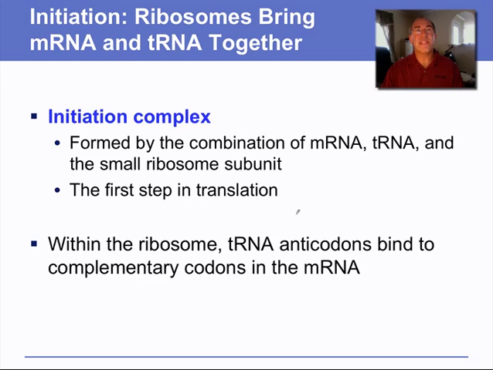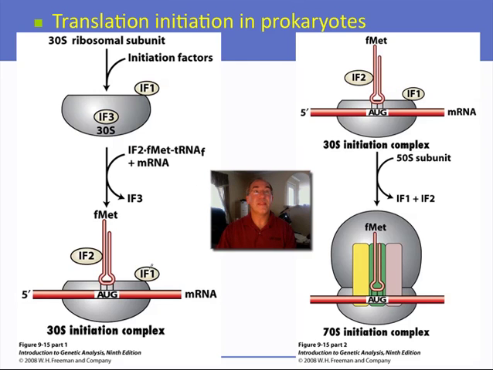We start translation with an initiation complex, and this is the messenger RNA molecule containing the code, the transfer RNA, which is bringing the first amino acid, and the small subunit of the ribosome. And they form a diagram like this. Here is the small subunit, here is the transfer RNA, and in this particular case here is the amino acid in here.